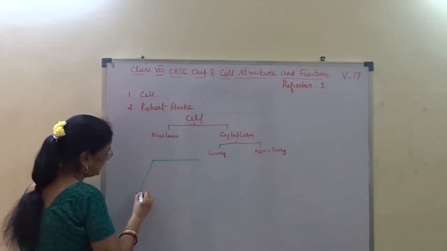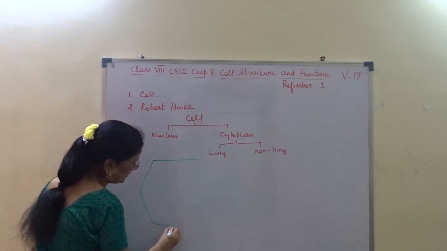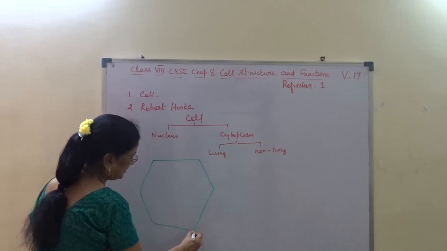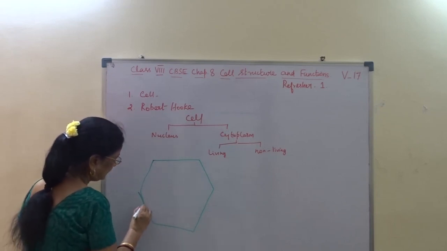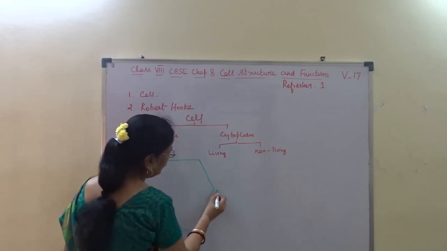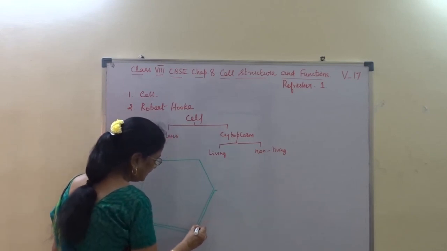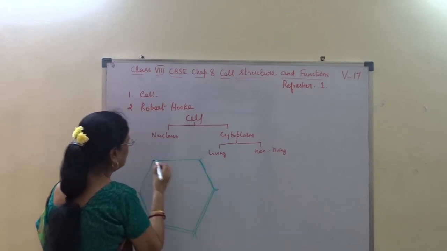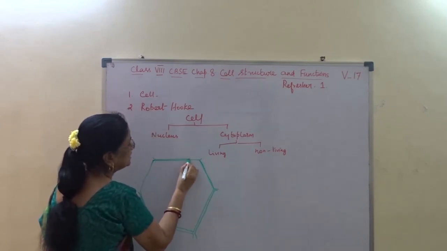Now the plant cell, as it is related to plants, I am doing this plant cell structure. Right? This is the cell wall. Plant cell, this is the cell wall. Everything will have outer and inner layer.